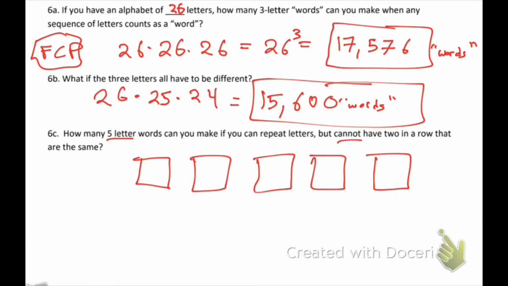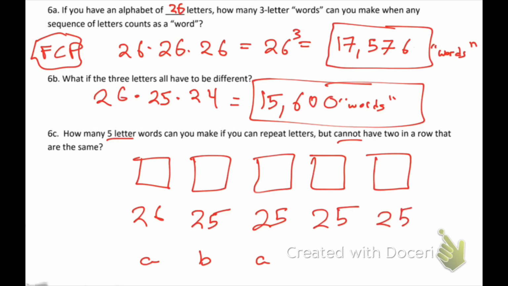So when we look at this, I have 26 letters for my first option. Well, let's say I used A. I can't use A again, so how many letters are left over? 25. Let's say I used B for my second letter. Well, how many letters can I use for my next one? Well, now the only option I can't use is B. So there's 25. Let's say I use A again. The only letter I can't use is A, so I still have 25 options. And same thing for my last one.